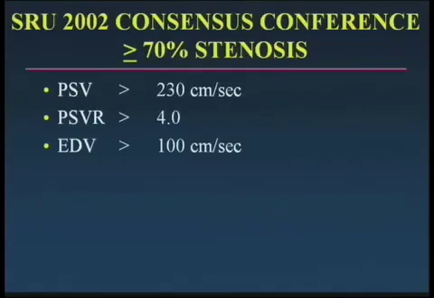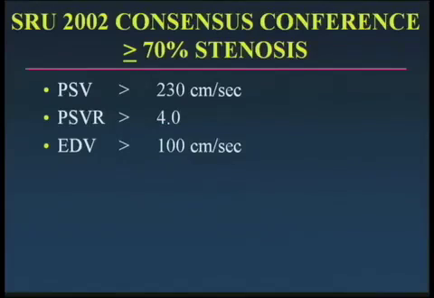So in order to make some sense and to reach a consensus about this wide variation in reported thresholds for numbers of peak systolic velocity and ratio, about 5 years ago, the Society of Radiologists in Ultrasound convened a consensus conference to try and analyze this data.